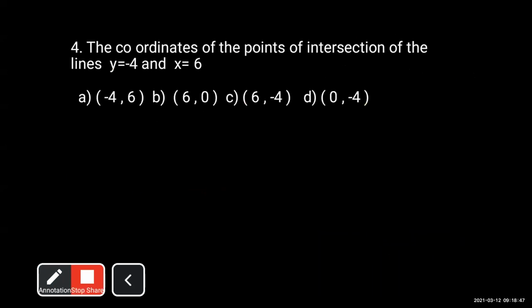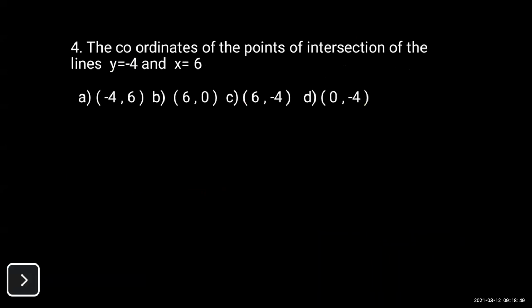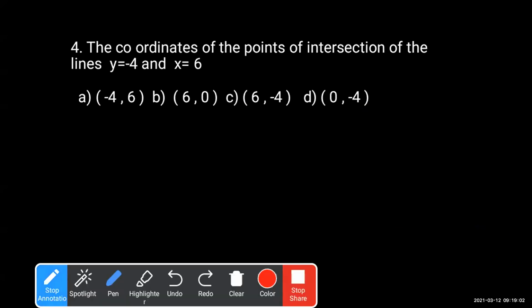Next one. Now, the coordinate of the point of intersection of the lines y is equal to -4 and x is equal to 6. Now, I told you that in coordinate geometry, the way of writing the x and the y coordinate is always x comma y.